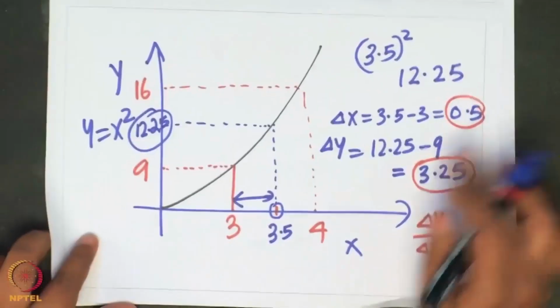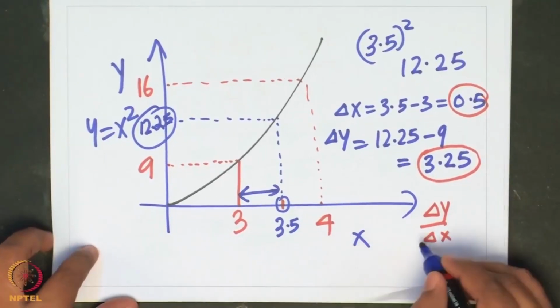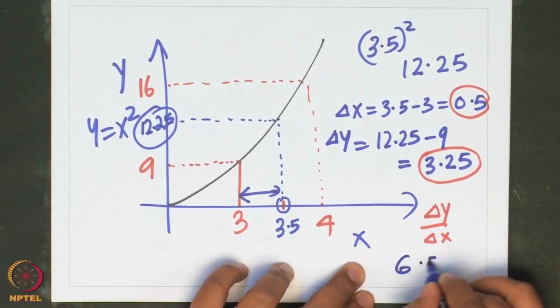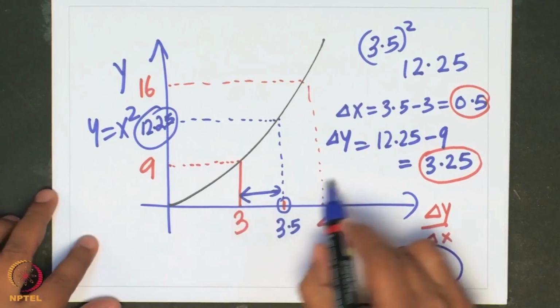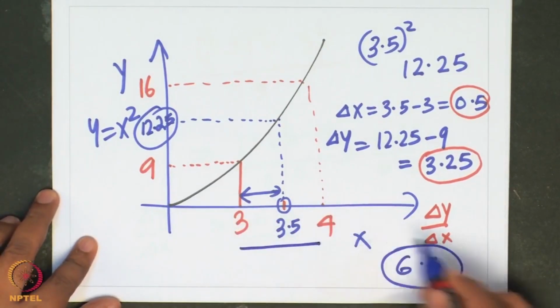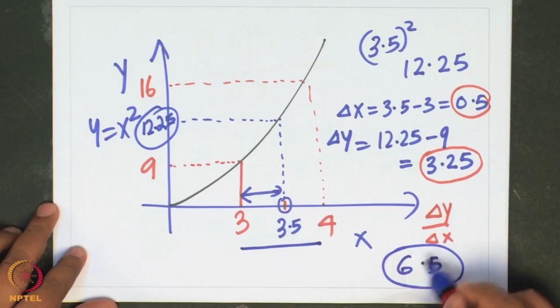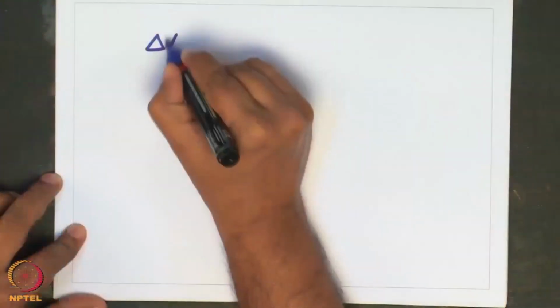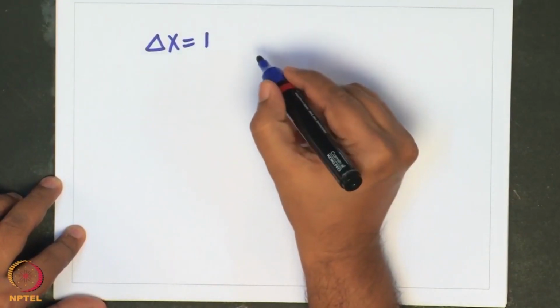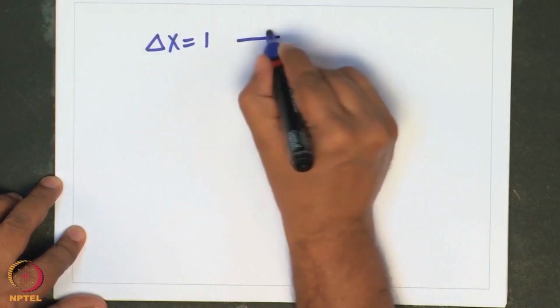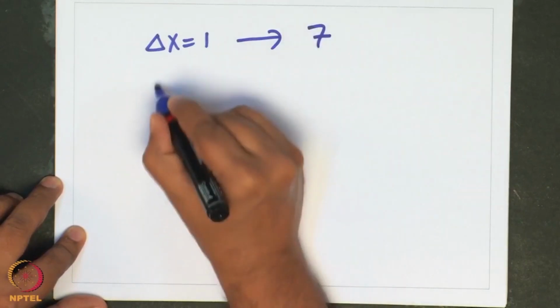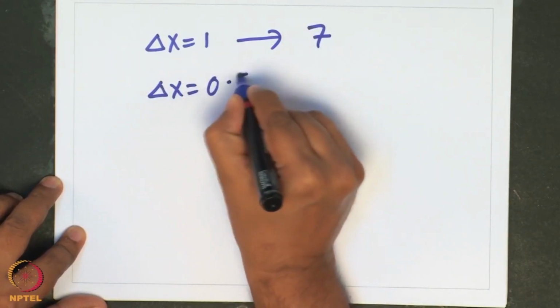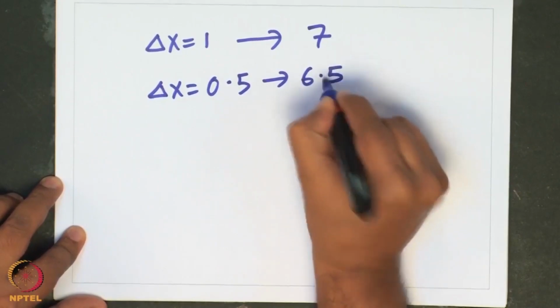So if I took this interval, the answer was 7. When I took this one, the answer was 6.5. Let me write that here a little bit more carefully. When I took delta x equal to 1, the answer was 7. When I took delta x equal to 0.5, the answer became 6.5.